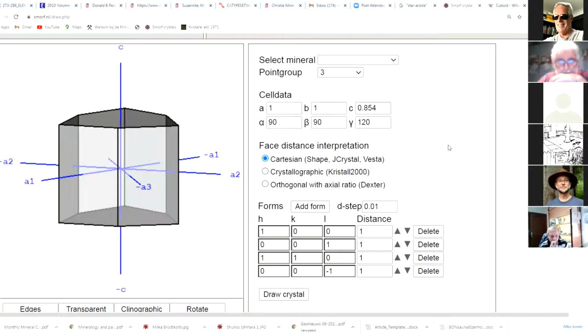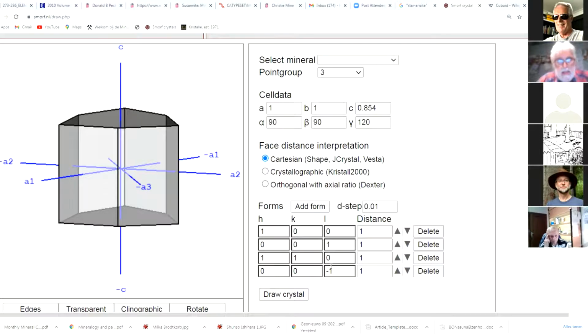That was my mistake. The mineral Susanite only has a 3-fold axis. That's the only symmetry it has, and so I had defined an upper face, which was the 0, 0, 1 face, but I didn't define a lower face, being the 0, 0, -1 face.